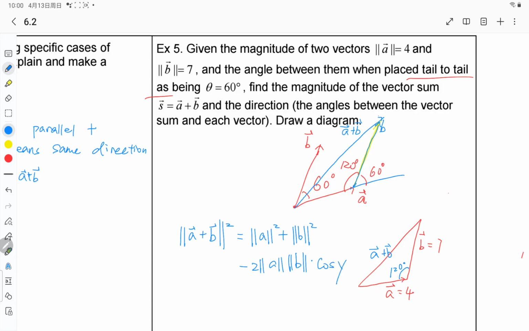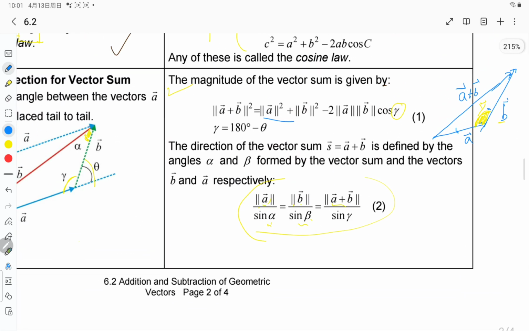Just plugging in the formula is much easier than the problems we learned before. So it will be easy breezy. Just understand how to calculate this gamma here. This is the opposite angle, and we can get it from the angle here.